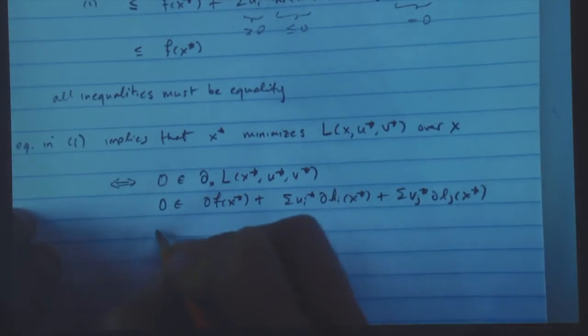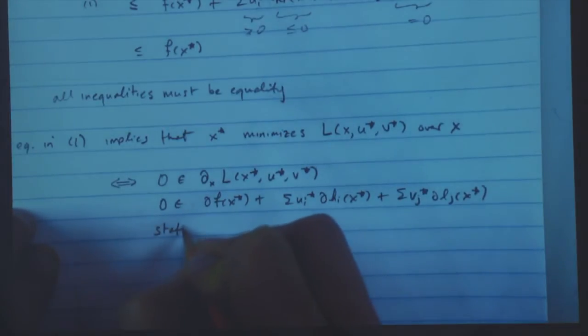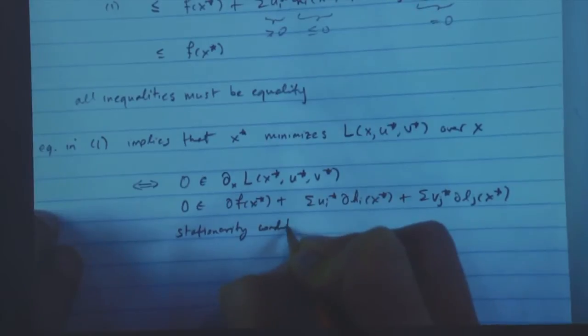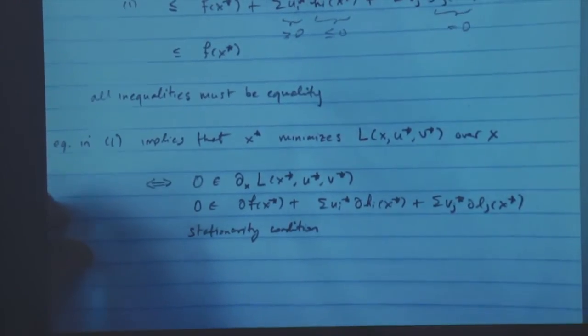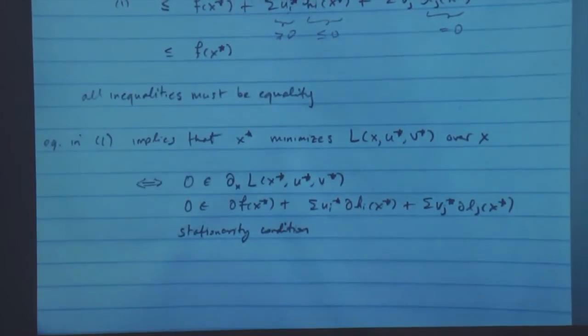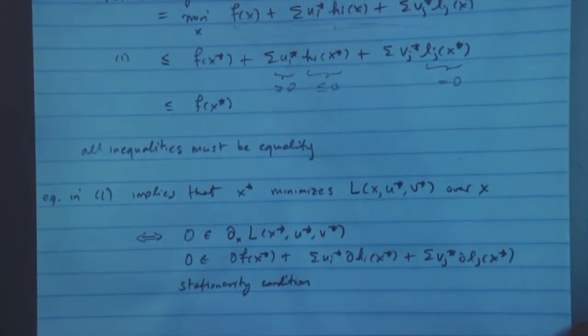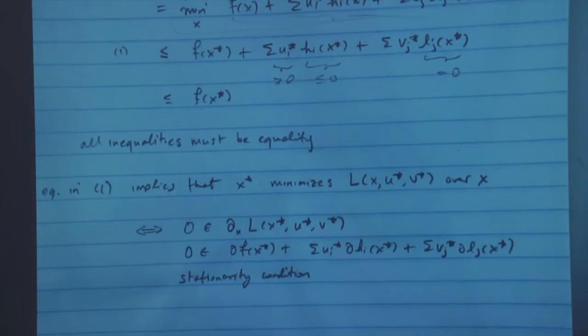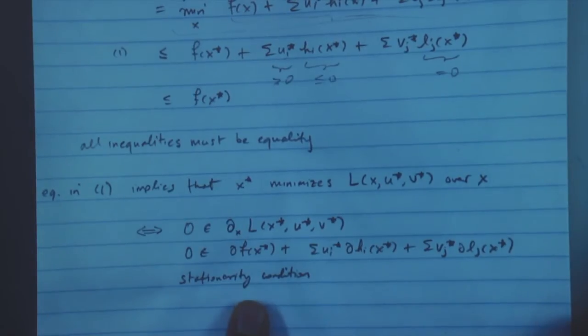That's just the stationarity condition. So equality in 1 implies the stationarity condition. Okay, so now we've proved part of the KKT conditions. We've proved that if x star and u star, v star are primal and dual optimal and we have strong duality, then the stationarity condition must hold.